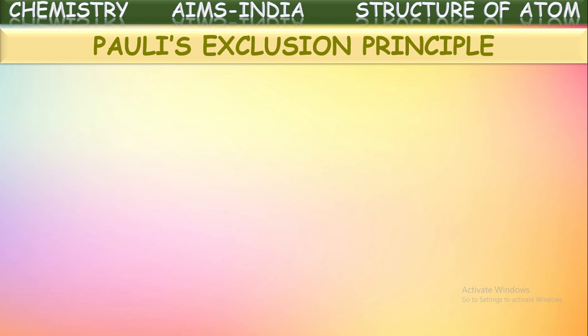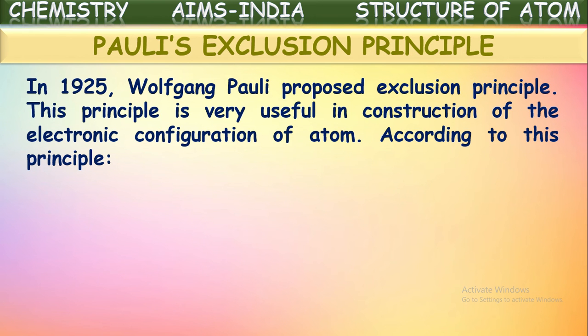Now Pauli's exclusion principle. The third one, Pauli's exclusion principle. In 1925, Wolfgang Pauli proposed the exclusion principle. This principle is very useful in the construction of an atom.